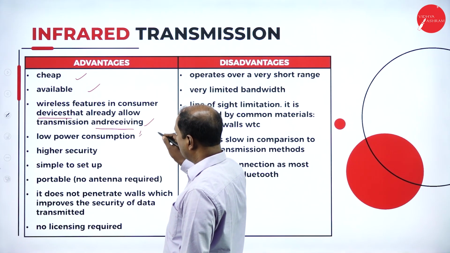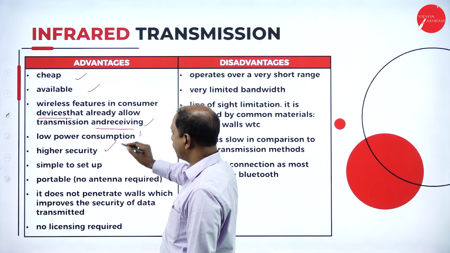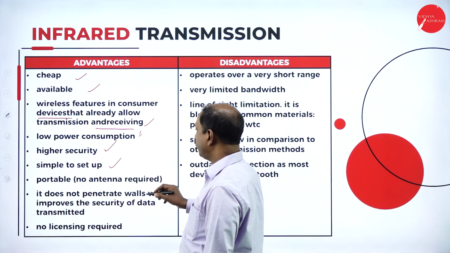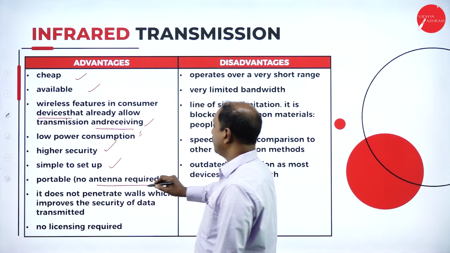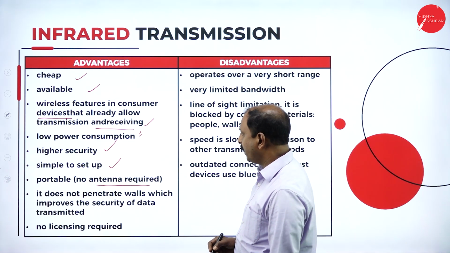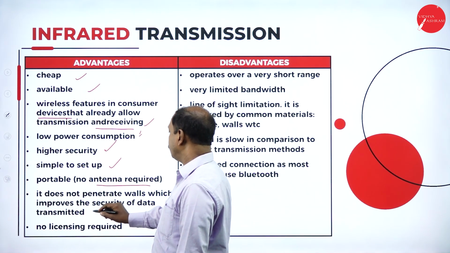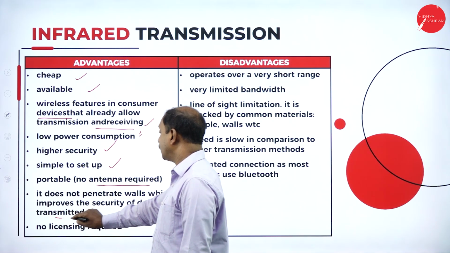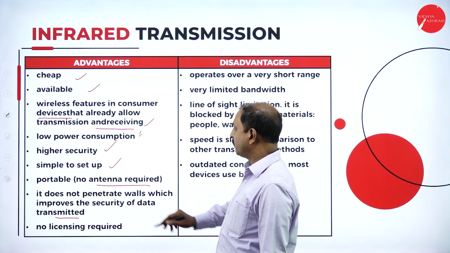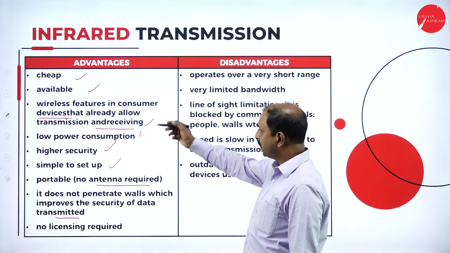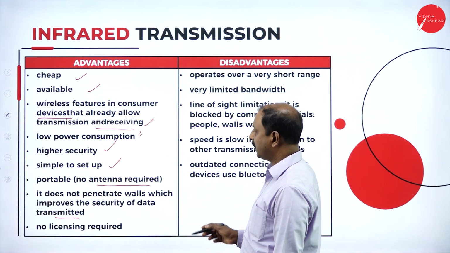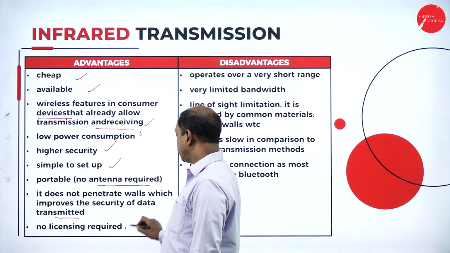It has low power consumption, high security, simple setup, and is portable. It doesn't require any antenna, and it does not penetrate walls, which improves the security of data transmitted. Low licenses are required.